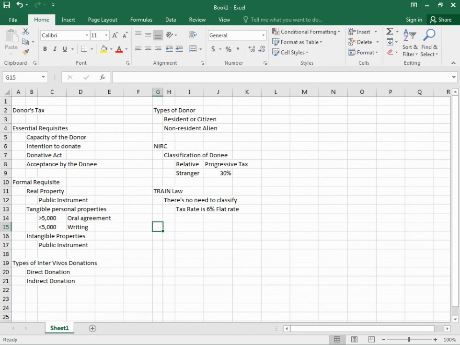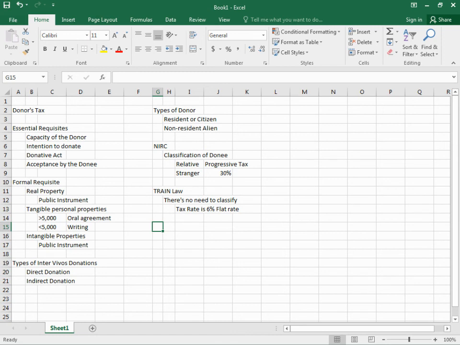Okay? Next is the foreign donation of a non-resident alien donor. Siyempre, non-resident alien na nga. Diba? Wala naman tayong pakialam sa properties niya outside the Philippines. Okay? So, ayun. Next is donations of property exempt under reciprocity. Okay?